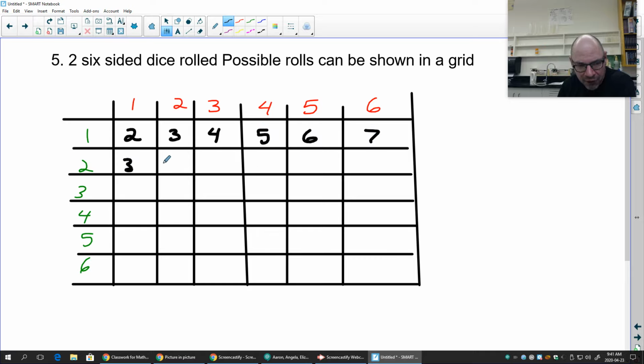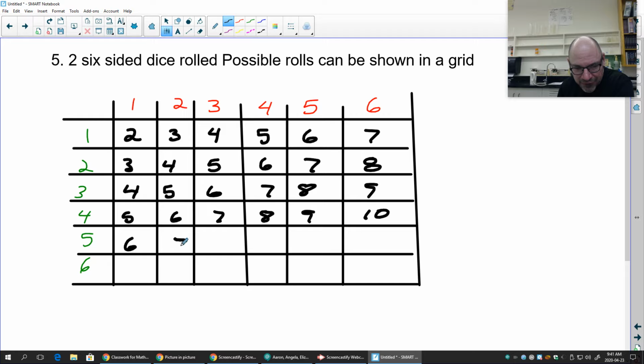Then you got 3, 4, 5, 6, 7, and 8. And we keep going. 4, 5, 6, 7, 8, 9. Then 5, 6, 7, 8, 9, 10. Then 6, 7, 8, 9, 10, and 11. And then 7, 8, 9, 10, 11, and 12.